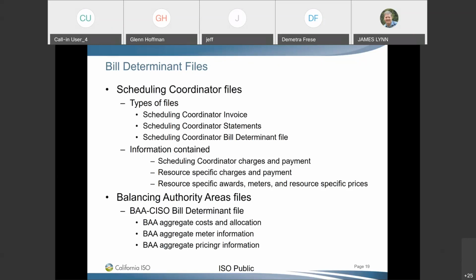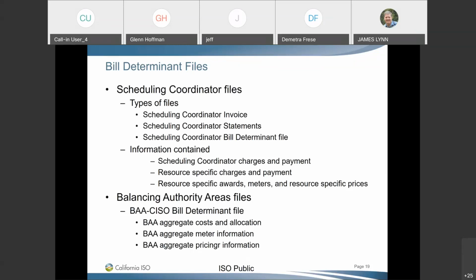You would take each balancing authority area's BCR cost from there, and then you'll see that's allocated to the balancing authority areas too, and that's going to be based upon their transfers. But that's what these files did: allow you the opportunity to mainly focus on your balancing authority areas.